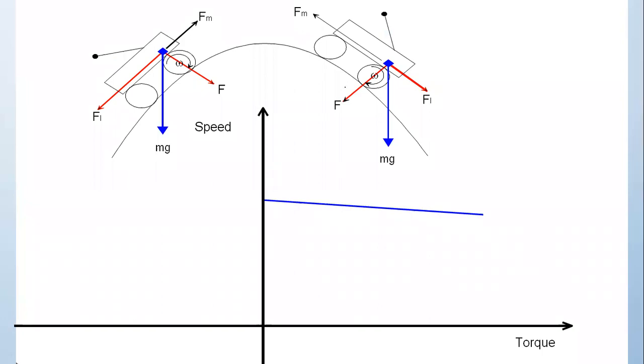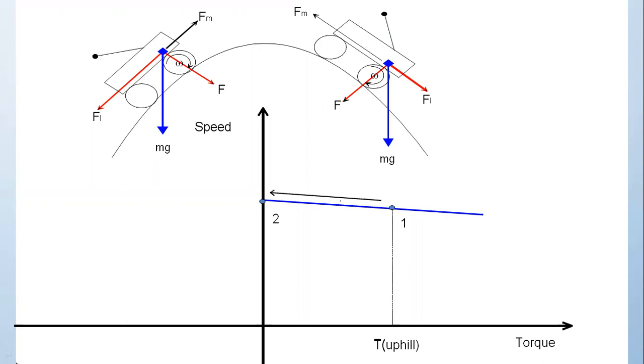For motoring operation, when the vehicle is moving upwards, the characteristics is like this. That is the T uphill torque speed characteristics. Let us say the torque required is T uphill or TU, and the corresponding speed will be here.